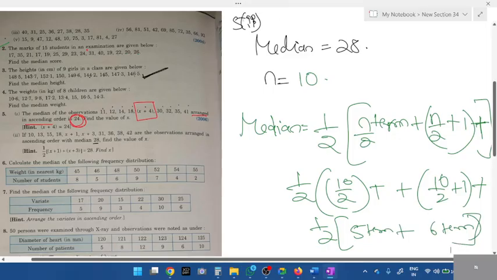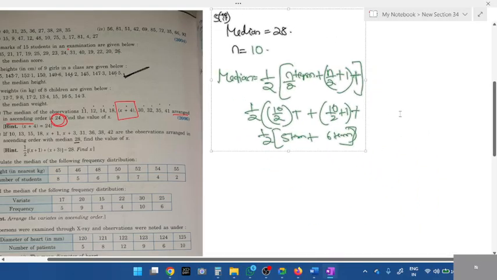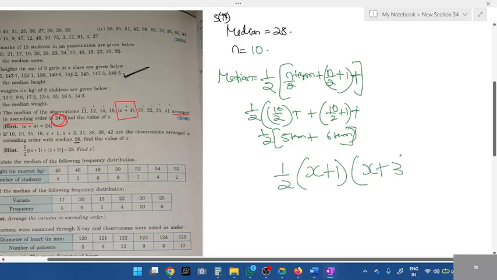Tell me what are the fifth and sixth terms here. Look at the numbers and tell me, students, what is the fifth term? Respond, be quick. Fifth term is x plus 1 and the sixth term is x plus 3, equal to the median value, 28. If you want to solve this, x gets multiplied.